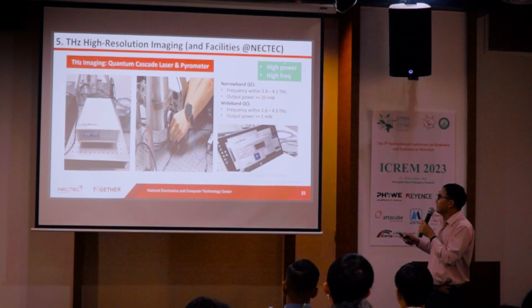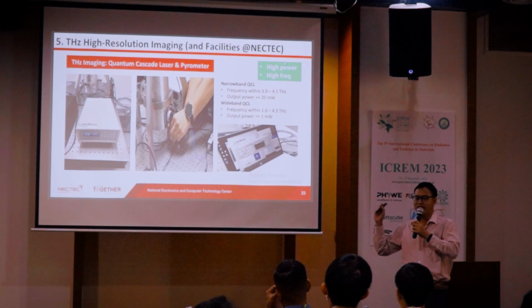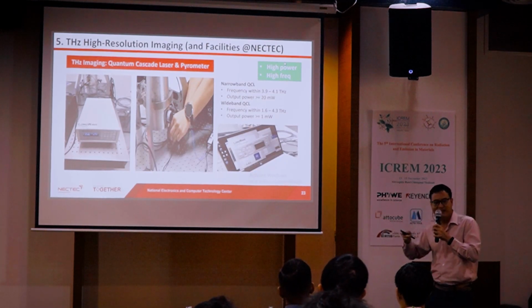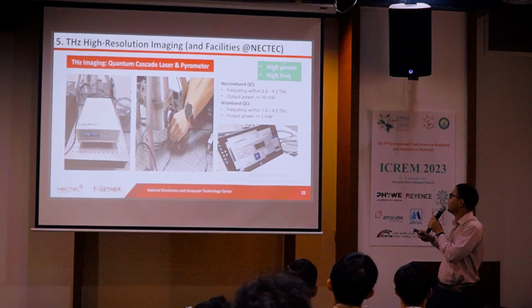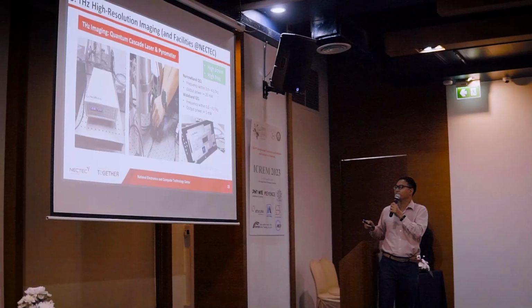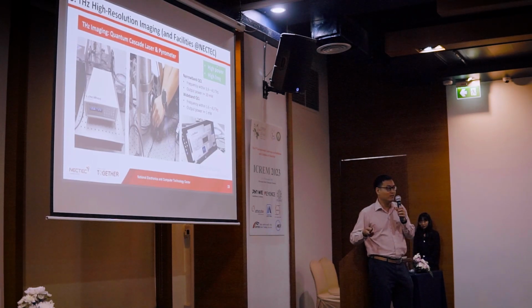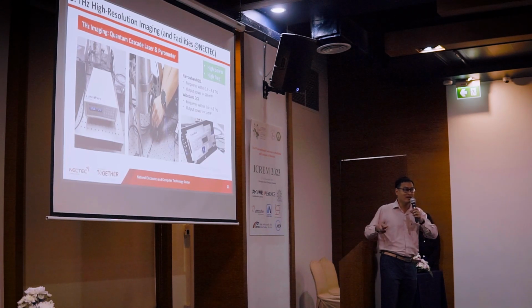We also have the parameter that is calibrated to have the correct readout. The frequency that we have is tunable from 1.6 to 4.3 terahertz, and the output power could be up to 20 megawatts.